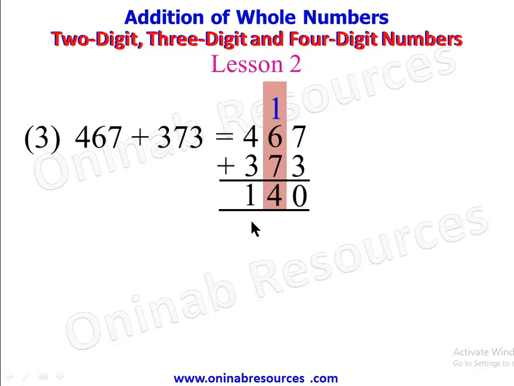Again, we move this 1 to be added to 4 and 3. Then we go 1 plus 4 gives 5, and 5 plus 3 gives 8. Therefore, 467 plus 373 gives 840. And that's the end of the solution to problem 3.